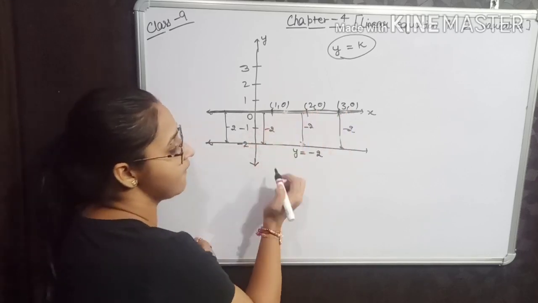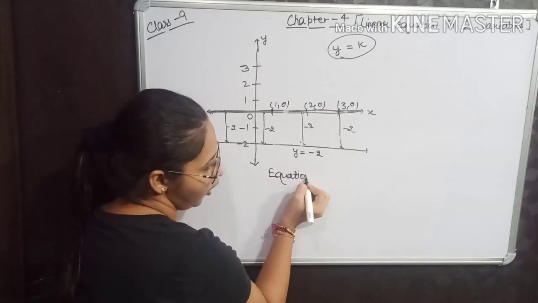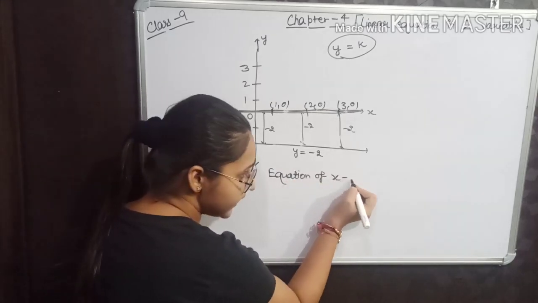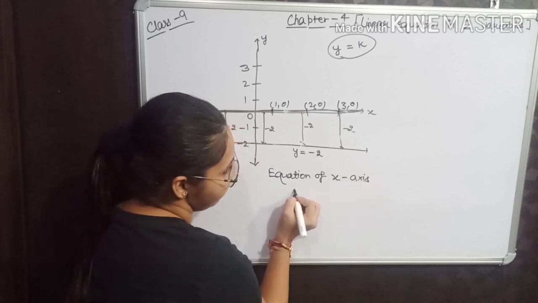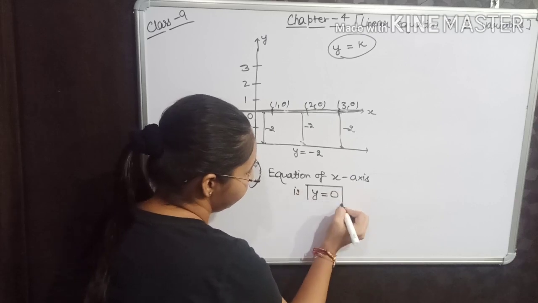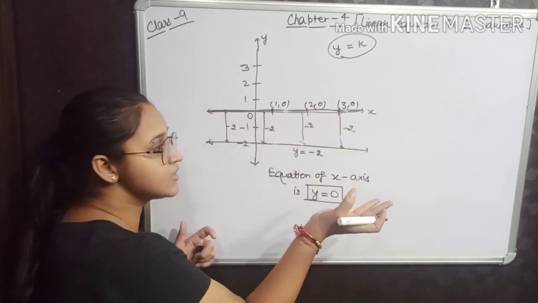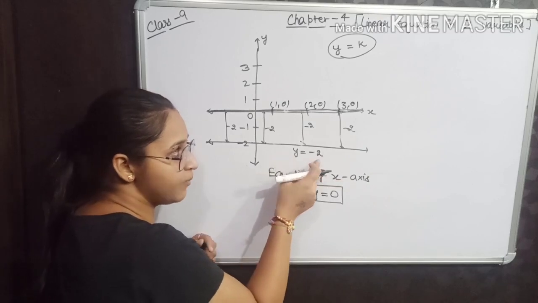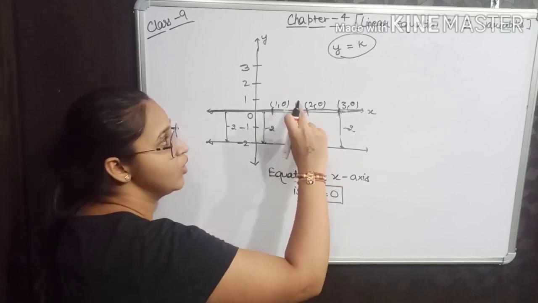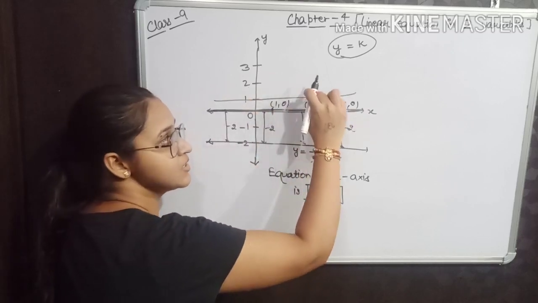So you can write that the equation of the x-axis is y = 0, because the distance is now 0 units. If you take y = -2, the distance is -2. If you take y = 1, the distance is 1.